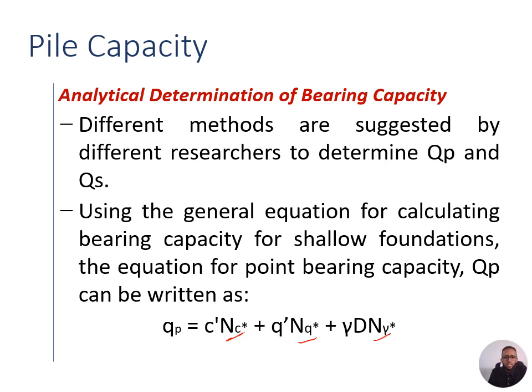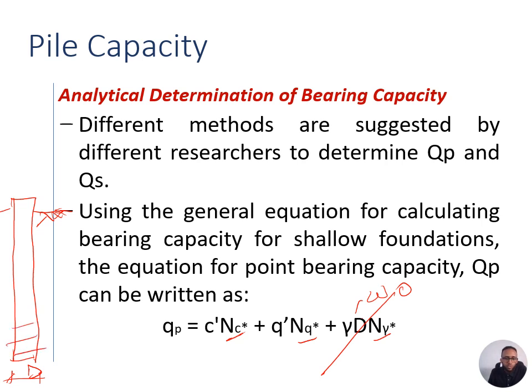However, as you can see, a pile is a very deep system created below the ground, and the breadth B, which we call the width of the foundation, is relatively small compared to the depth. So we can simplify this equation by omitting the gamma B N gamma term without significant error, so that this term becomes 0, since the cross-sectional width of this foundation is relatively small.